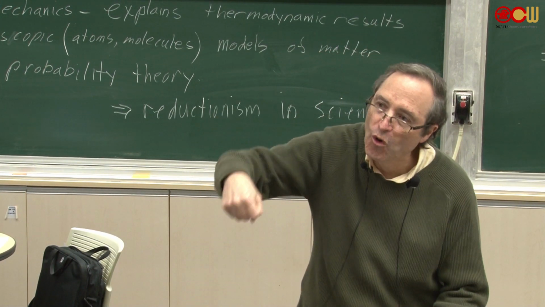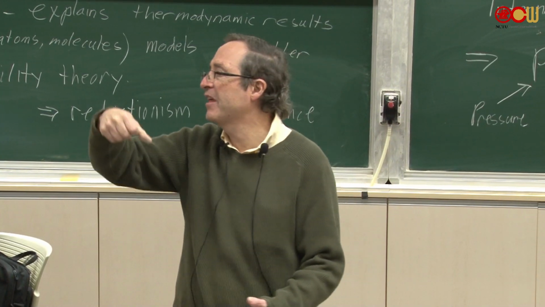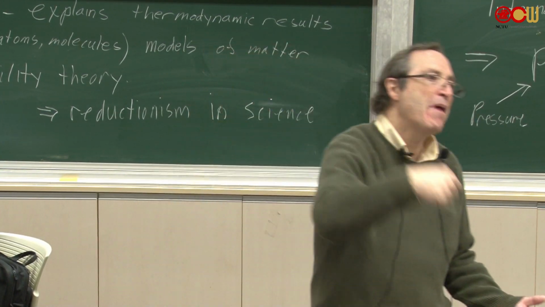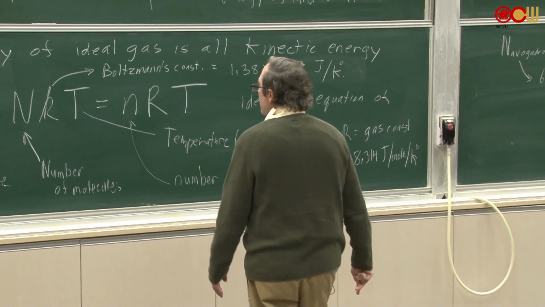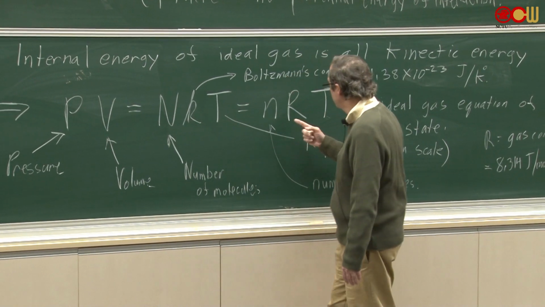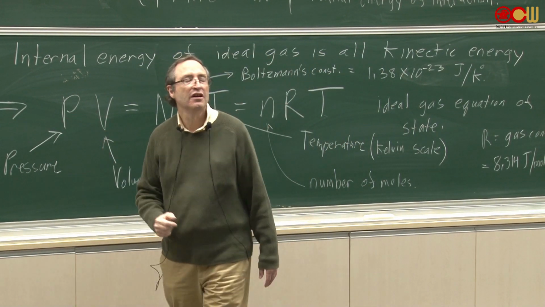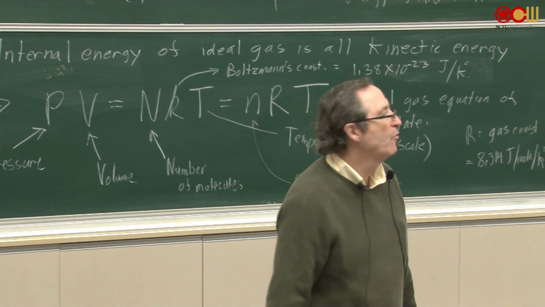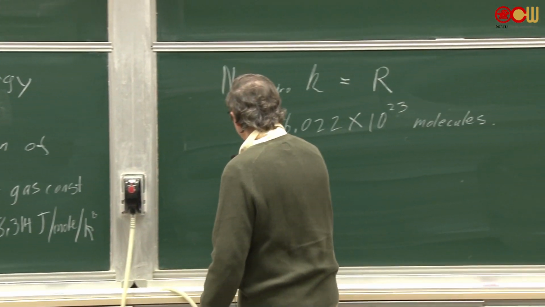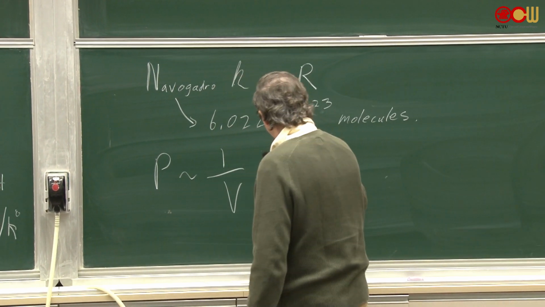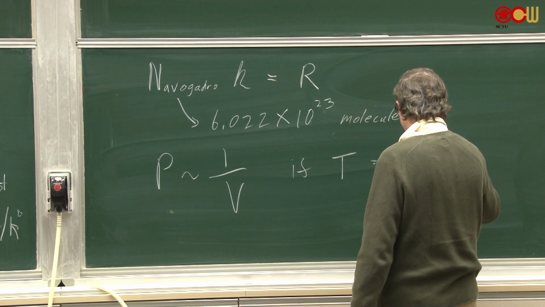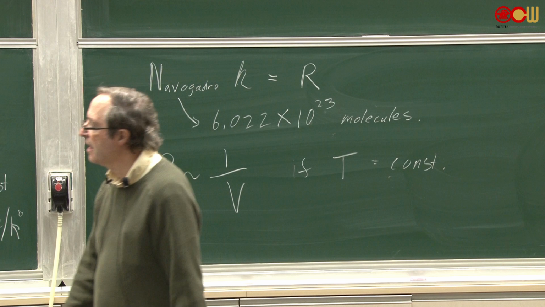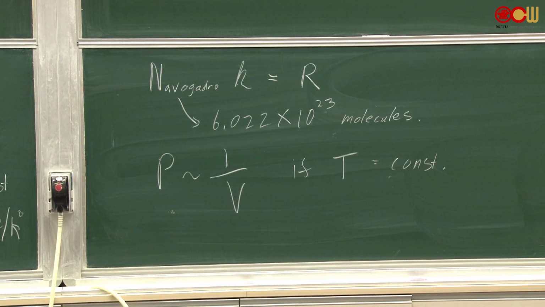What's pressure? Force per unit area. So that's something they knew how to measure. They could measure the pressure, they could measure the volume, and they could see that if they kept everything else constant, the pressure was inversely proportional to the volume. P goes as 1 over V if T equals a constant. And then I'll talk a little bit about how they developed the concept of temperature.